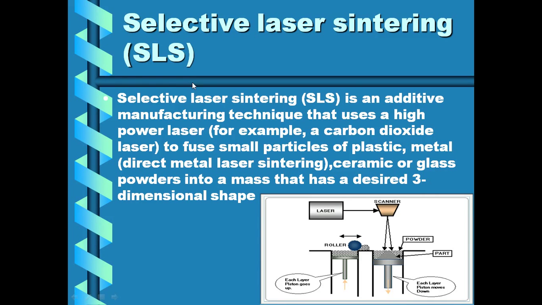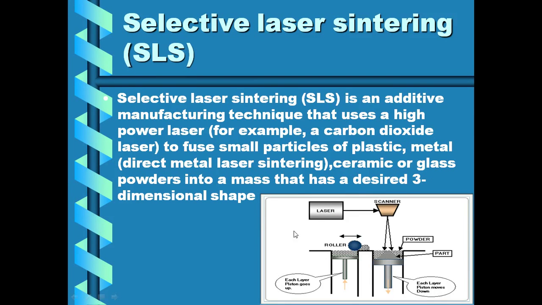SLS is an additive manufacturing technique that uses a high power laser, for example a carbon dioxide laser, to fuse small particles of plastic, or metal, which is called direct metal laser sintering, and ceramic or glass powders into a mass that has a desired three-dimensional shape.